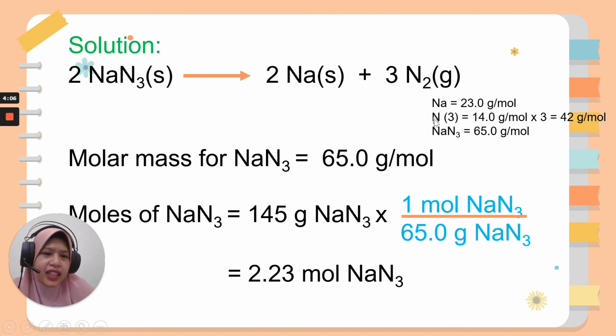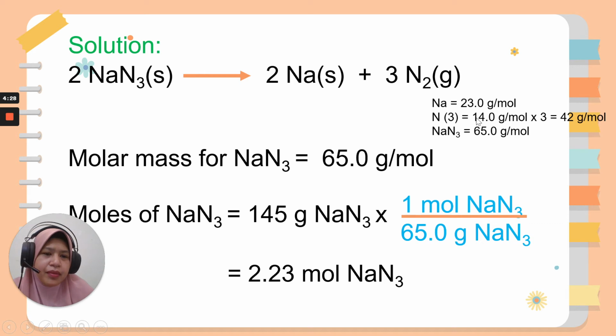This is how we calculate the molar mass of sodium azide. We have sodium, which is equal to 23.0 gram per mole. And nitrogen, we have 14 gram per mole, and because we have 3 nitrogen here, we have to multiply by 3, and it is equal to 42 gram per mole.